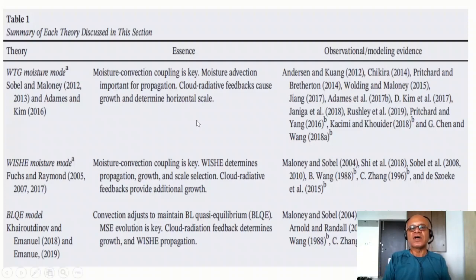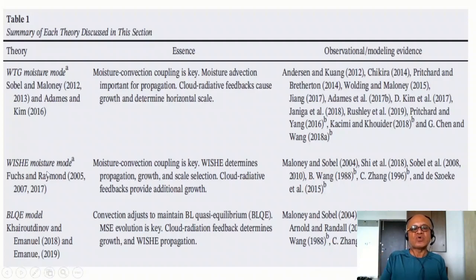So these kind of cloud radiative feedbacks are required for growth of the MJO and determining the horizontal scale. So that's the WTG moisture mode. Lots of details there, but this is just a summary.